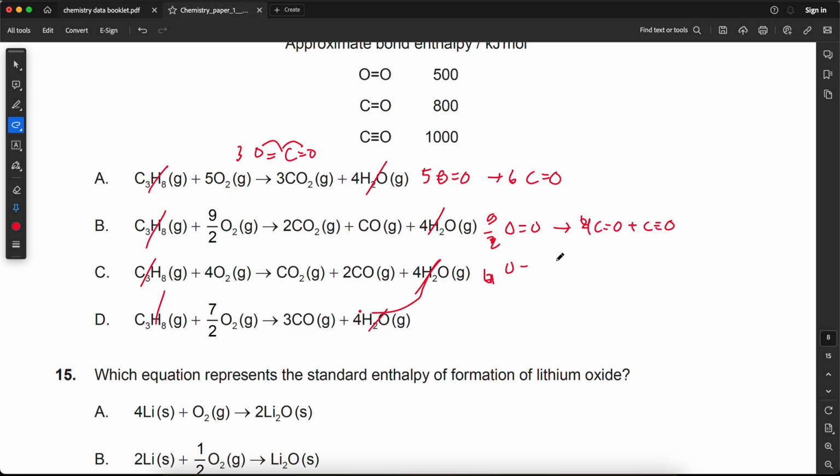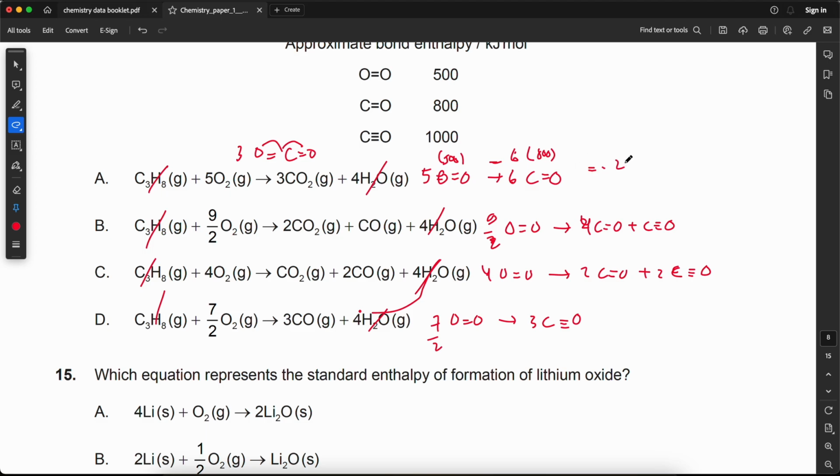This one will be 4 O double bond O. Okay, let me just write. 4 O double bond O and 2 C double bond O, 2 C triple bond O. And for this one, 7/2 O double bond O becomes 3 C triple bond O. Okay, so this one will be 5 times 500 minus 6 times 800.